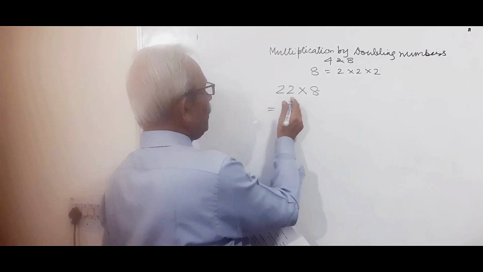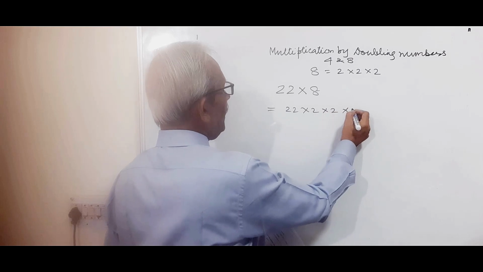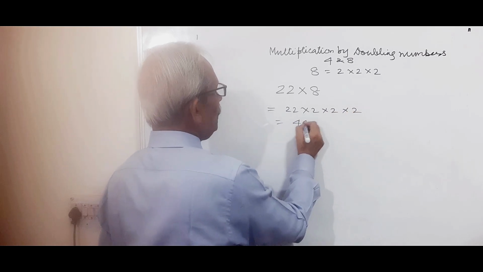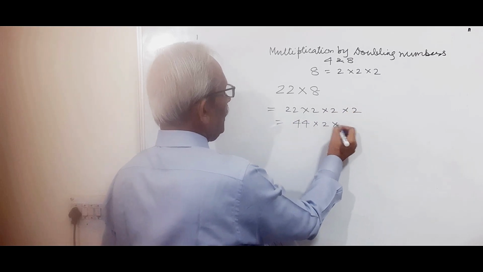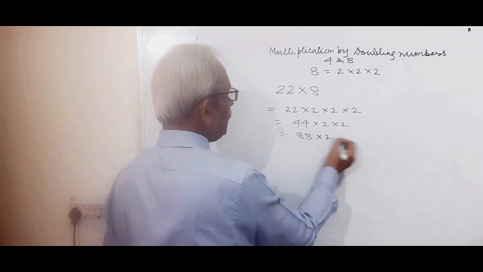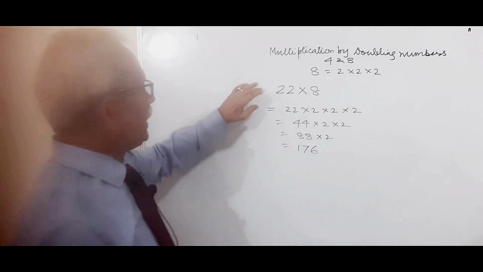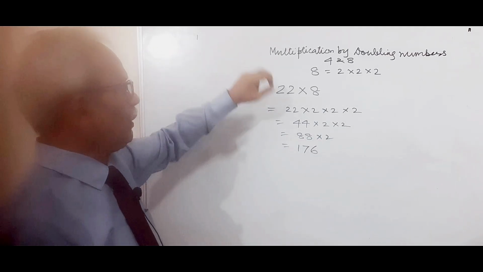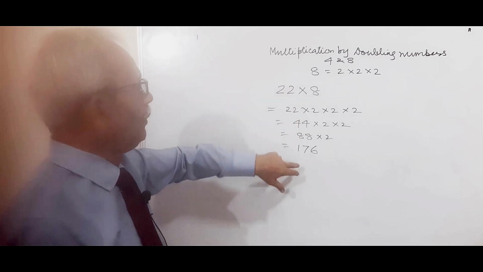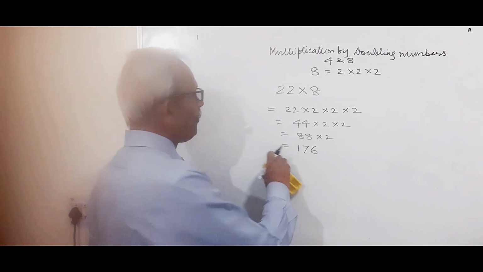Rather than doing that, 22 into 2 into 2 into 2. So here it is 44 into 2 into 2, which is equal to 88 into 2, and that's equal to 176, right? We could have straight away done it from here. 22 into 2 is 44, into 2 is 88, into 2 is equal to 176. Even that we could have done here straight away.